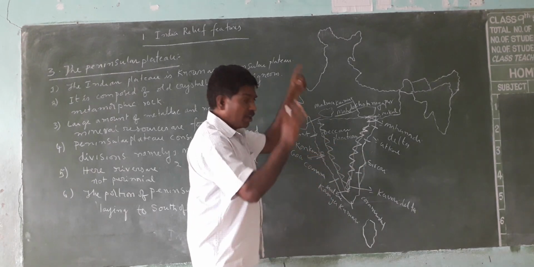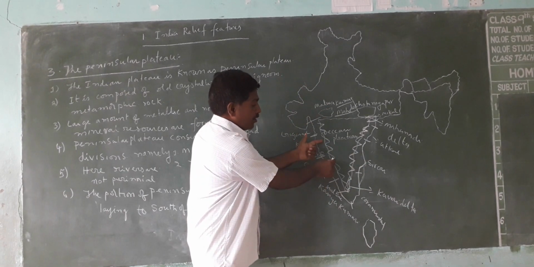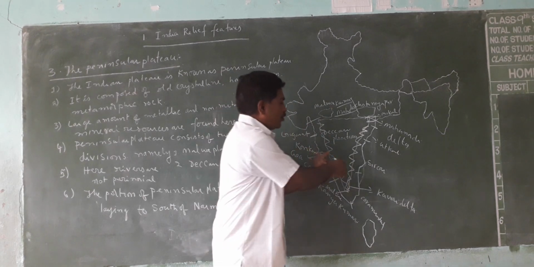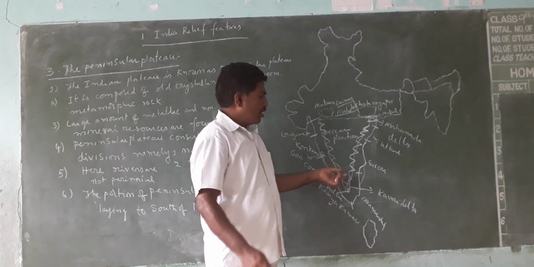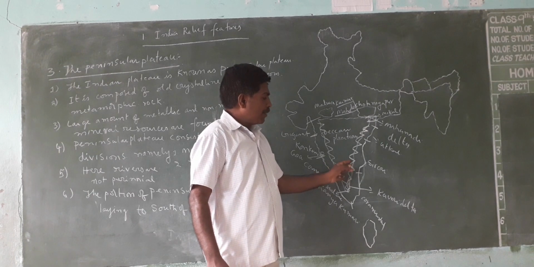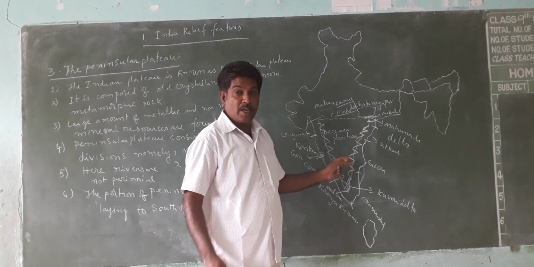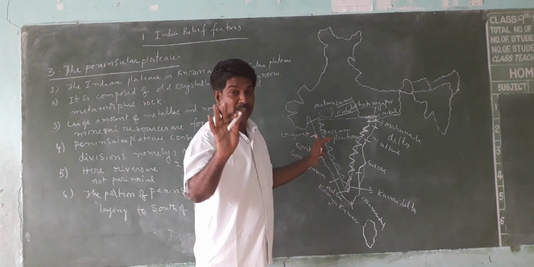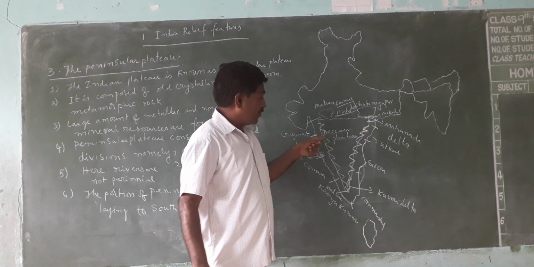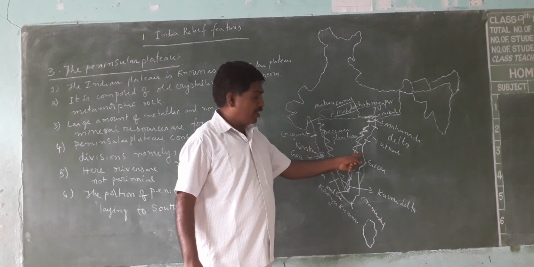So all rivers are born in the Western Ghats and flow towards the Eastern Ghats area. There are little gaps in the Eastern Ghats, and one more important thing: the majority of Indian rivers are born in the Western Ghats and flow towards the east.